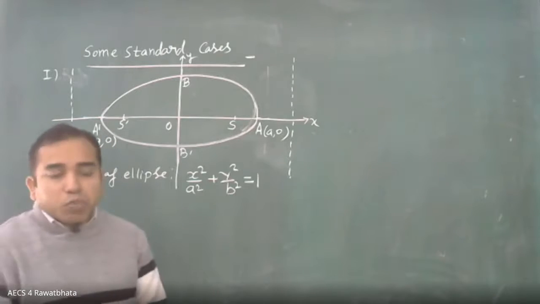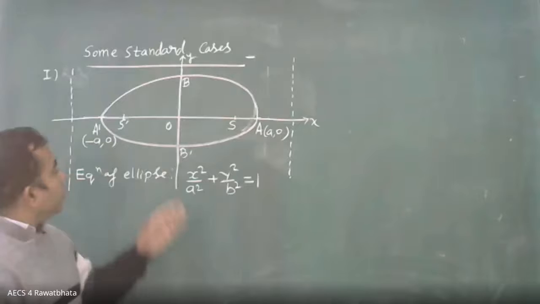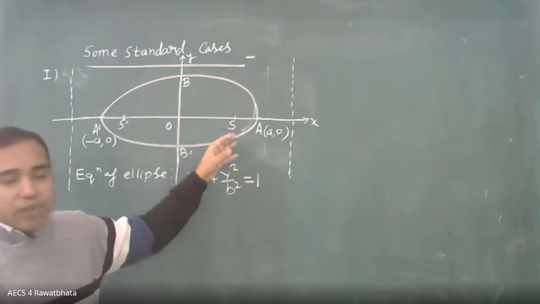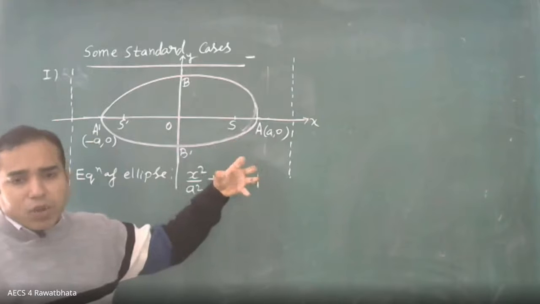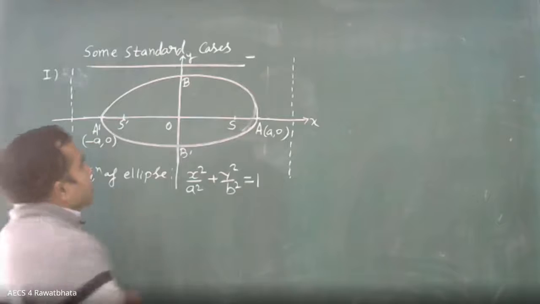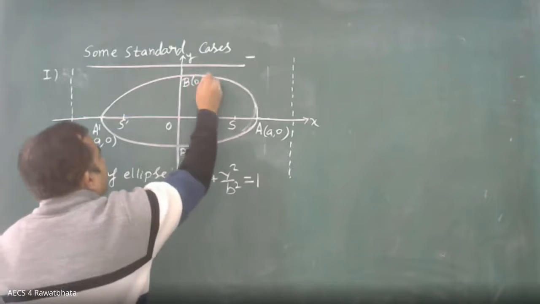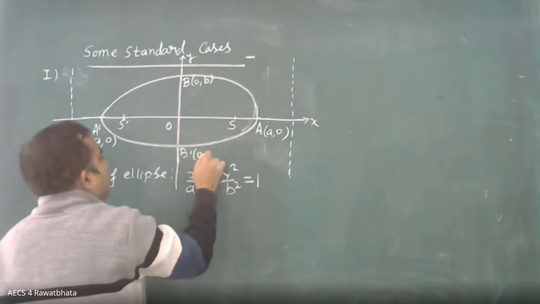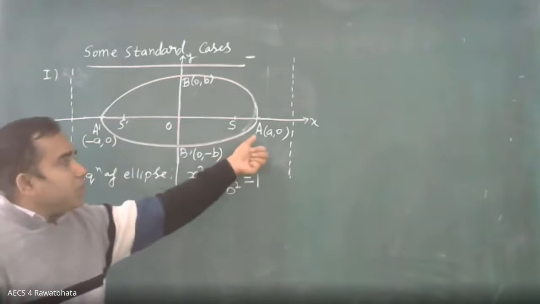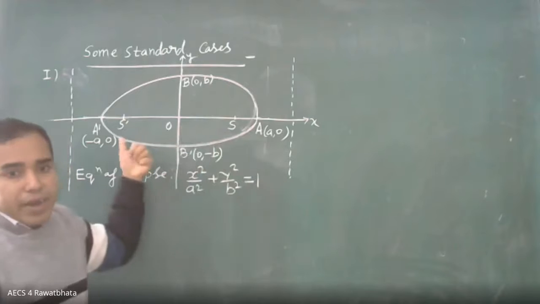I hope you are drawing this in your notebooks. Please draw this figure a bit bigger because if we write the coordinates, it will become unnecessarily complex, so please make it bigger and neat. Similarly, the coordinates of B will be 0 comma b and B dash will be 0 comma minus b. This we do not call vertices. The name vertices is reserved only for A and A dash.